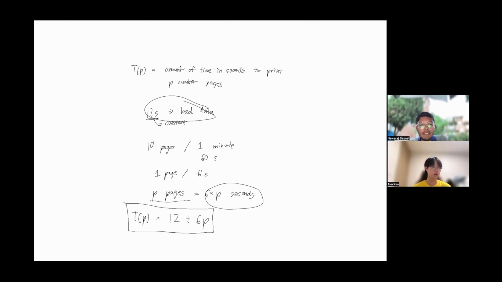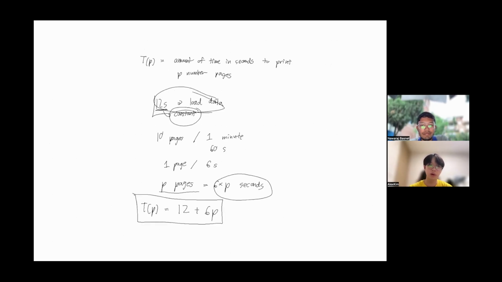So just make sure to read the question carefully to fully understand what it's saying. Then you can know what will be the constant. In this case, it was 12 seconds of loading. And if a question gives you an example like 10 pages is 1 minute, and we need everything in seconds, we convert 1 minute into 60 seconds.